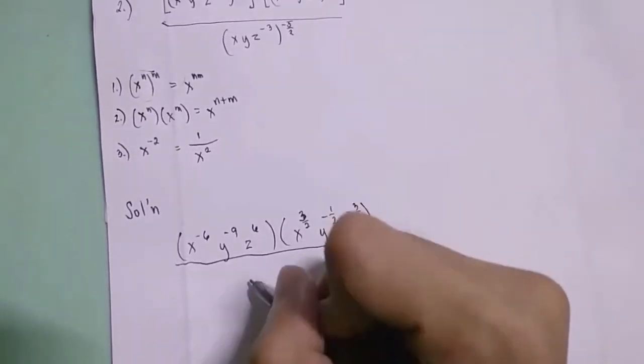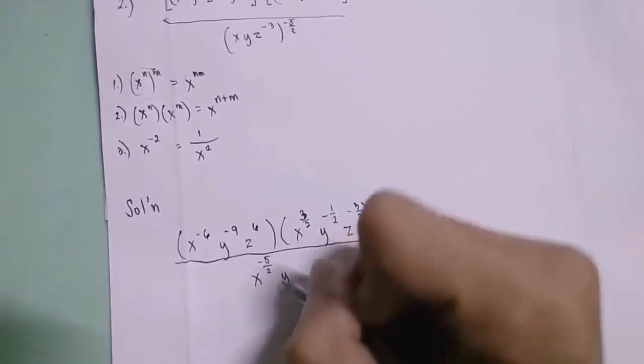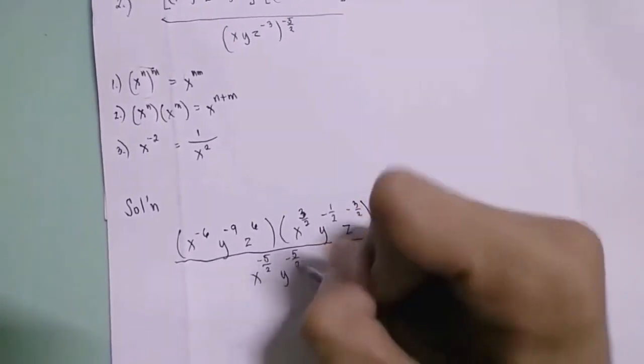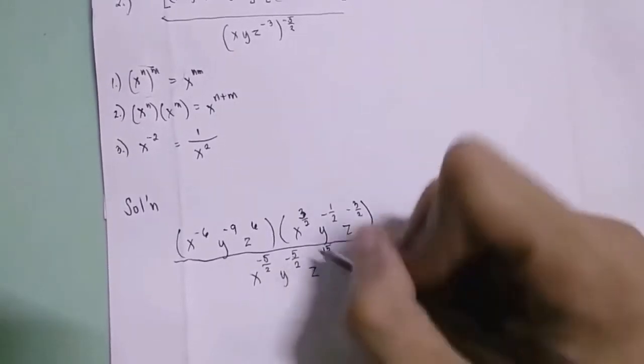Then for the denominator, x raised to negative 5 halves, y raised to negative 5 halves, and then z is equal to positive 15 halves.